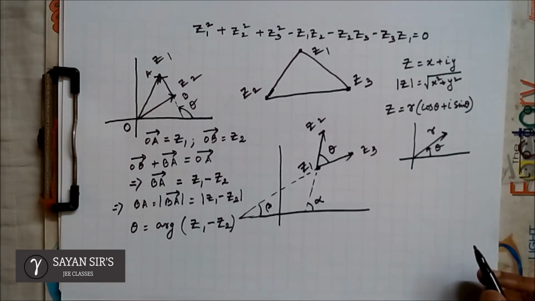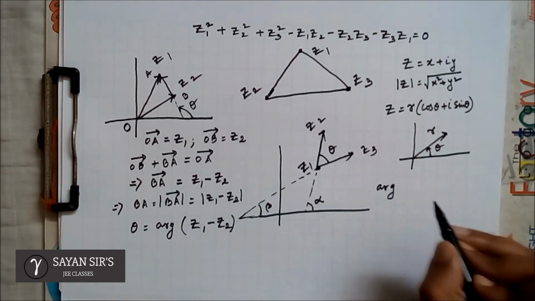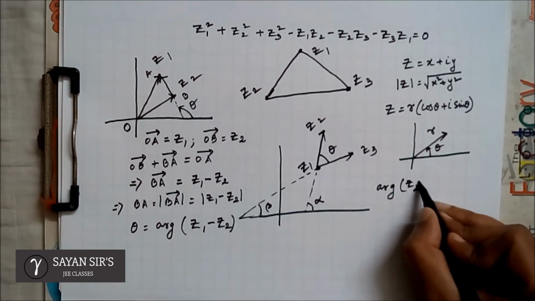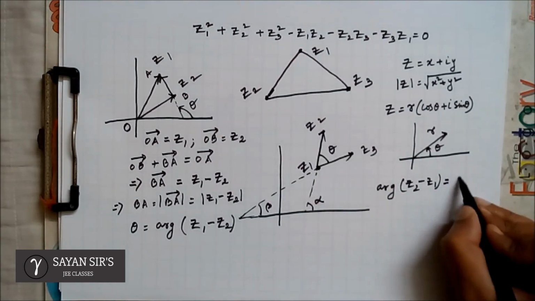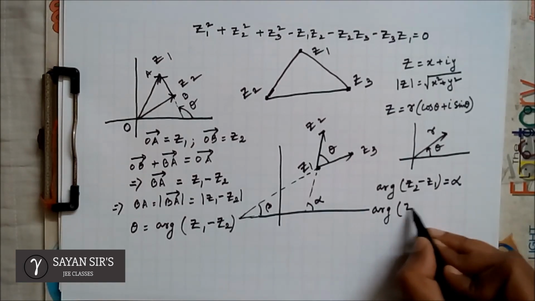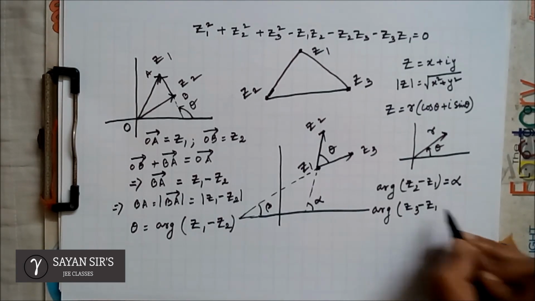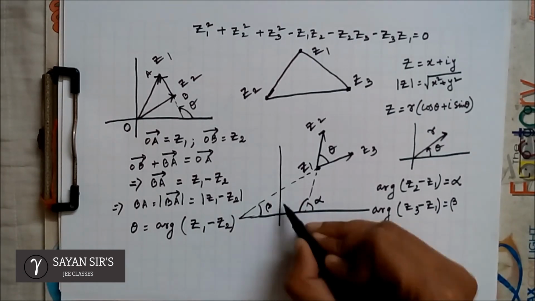So what will be the complex number expression in terms of argument for this angle theta? So first of all, we can say that the argument of the complex number Z2 minus Z1, that is this vector, is represented by the angle alpha. The argument of the complex number Z3 minus Z1 is represented by the angle beta. And let us see, this angle is 180 minus alpha.